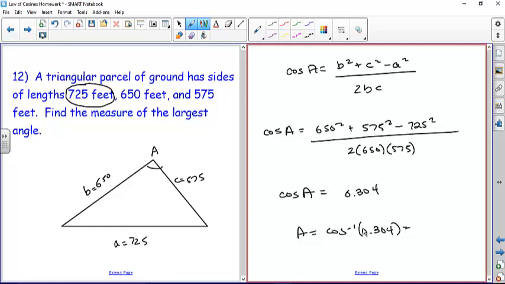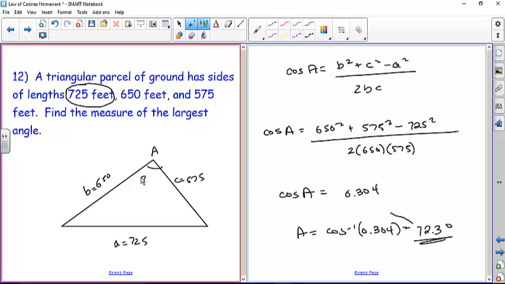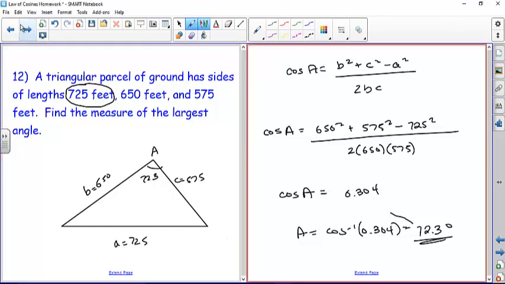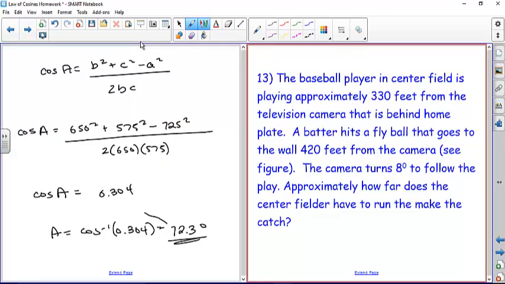Inverse cosine of that, and I get 72.3 degrees. So that's what this is. And this, we know it corresponds to the largest angle because that's the longest side. Okay, so that's right. Got two more.